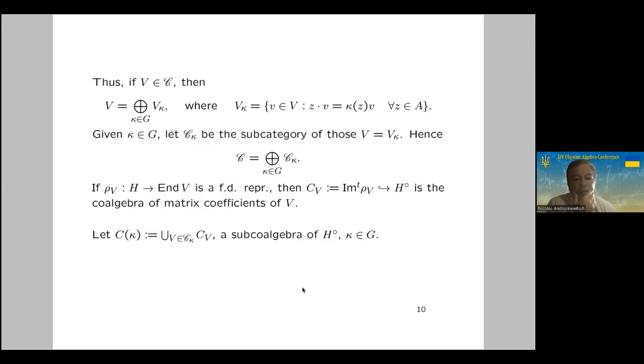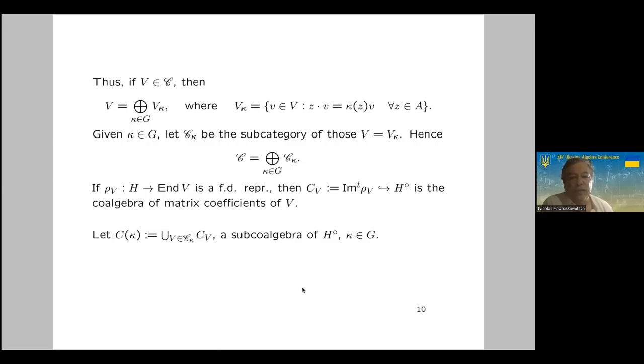Now, in general, I will denote by C V the coalgebra of matrix coefficients of a finite dimensional representation V. That is, if rho V from H to End of V is the finite dimensional representation, I transpose rho V, and the image of this transpose of rho V is a subcoalgebra of the finite dual or Sweedler dual of H. So now I put together all matrix coefficient coalgebras of all V in C kappa, the subcategory which I mentioned before, that consists of all V's equal to V kappa.